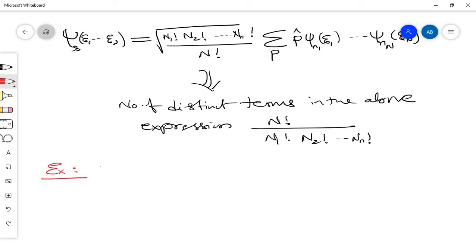We need to take the boson family. 3 identical bosons are arranged like this: n1, n2 equal to n, and n3 not equal to n. So the n1 state and n2 state will be identical, but the n3 state is different. So how many times is n1 occurring? 2 times.